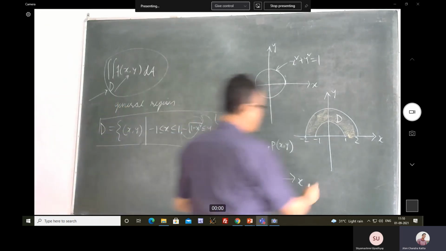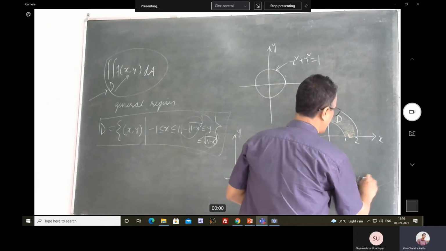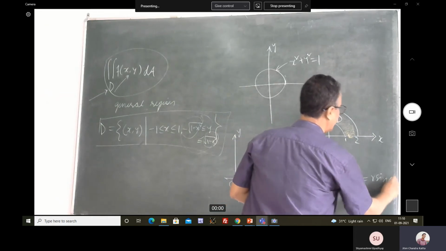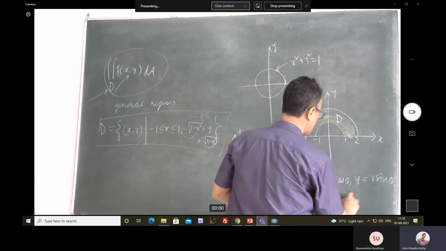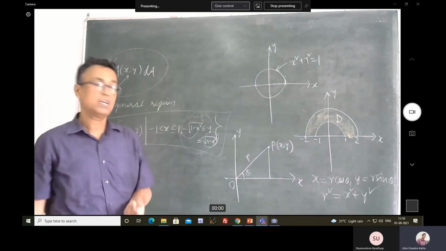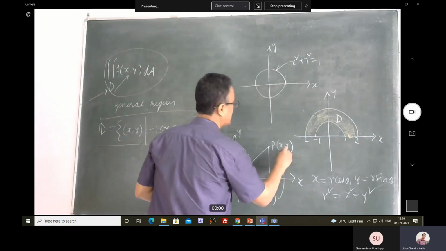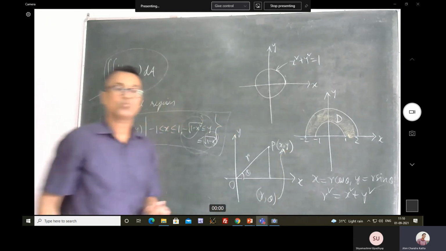Then you know the simple transformation x equal to r cos theta, y equal to r sin theta, and obviously r squared equal to x squared plus y squared gives you the relationship between the polar coordinates (r, theta) and the Cartesian coordinates (x, y).